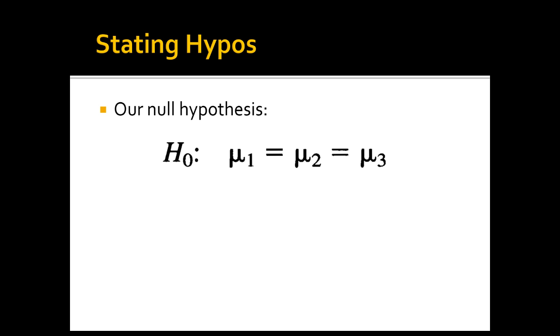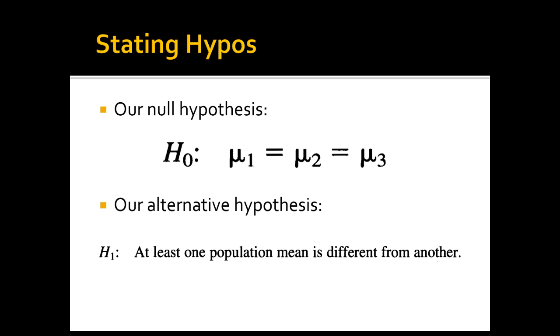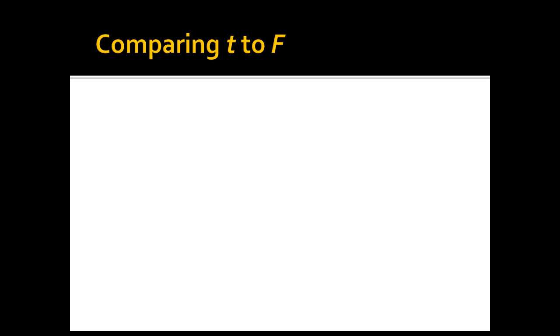So let's say freshmen, sophomores, juniors. That would be one example. Alternatively, our alternative or research hypothesis would be that at least one population mean is different from another. So at least one of mu sub 1, mu sub 2, mu sub 3 is different. Now more than one could be, so that's another way of thinking of it.